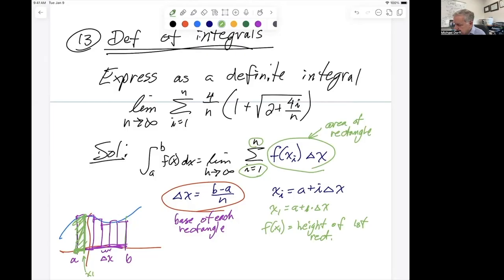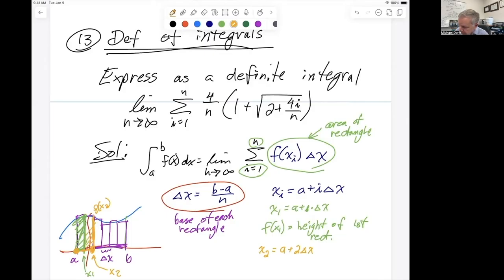When I do x sub i equals 2, okay, I'll just do another one, x sub 2, then we're going to get a plus 2 times delta x. So that means I'm going to start here and I go over 1, 2 spaces. So I get this. So this is x sub 2. And I look at that height there, that's f of x sub 2 right there.